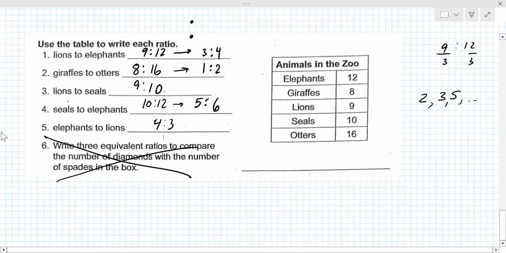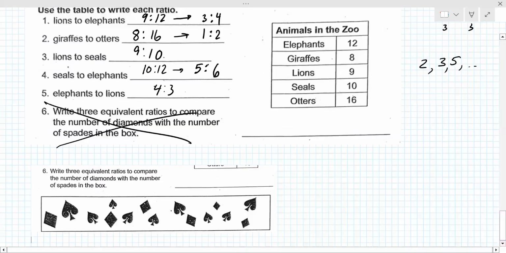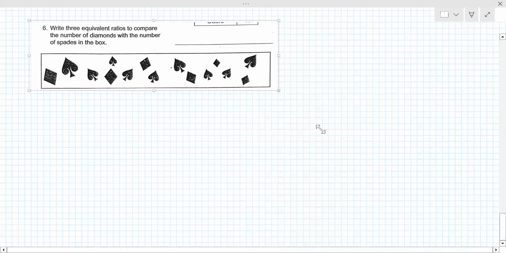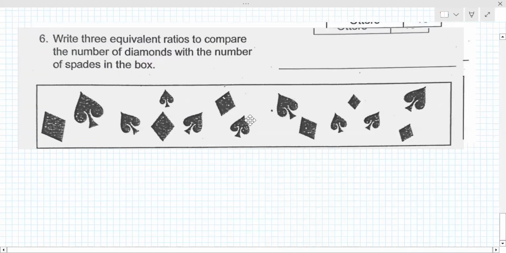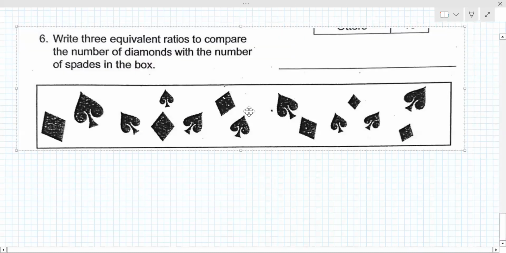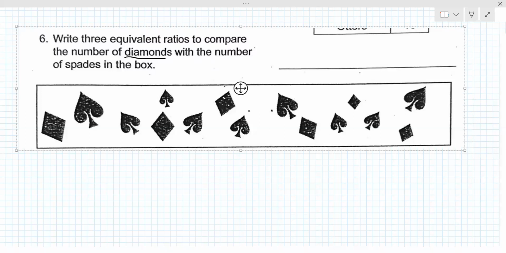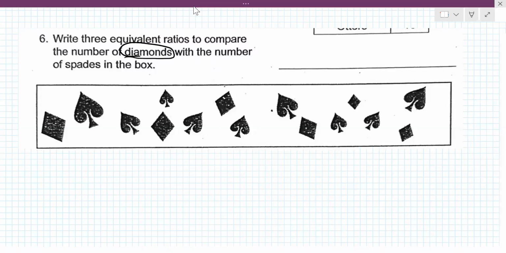Okay, so I crossed out 6 because 6 refers to the next picture here. All right, it says write 3 equivalent ratios to compare the number of diamonds with the number of spades in the box. So hopefully it's clear which one's a diamond. I'll circle those in red here.